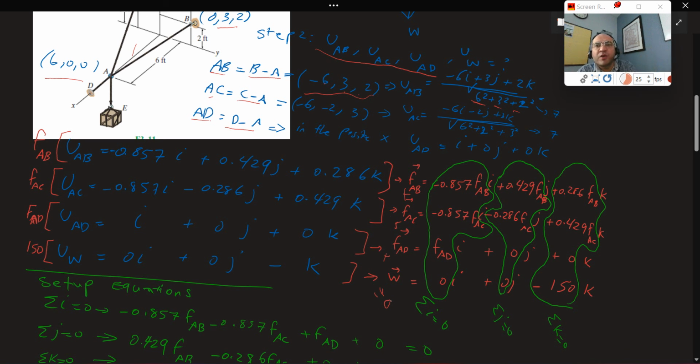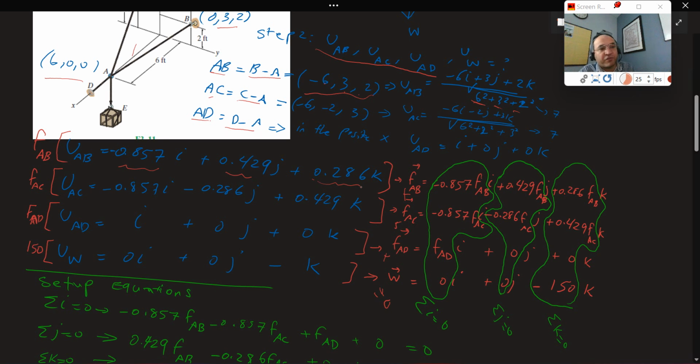Whatever U we got in this direction, we simplify that. 6 divided by 7 is 0.857, 3 divided by 7 is 0.429, and 2 divided by 7 is 0.286. Now I'm going to multiply each of them by their unknown. In this case, we don't know how much FAB, FAC, and FAD are.